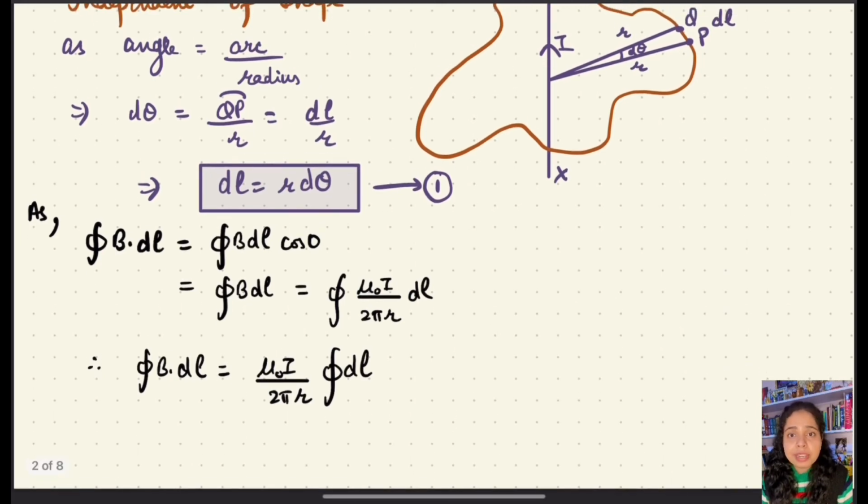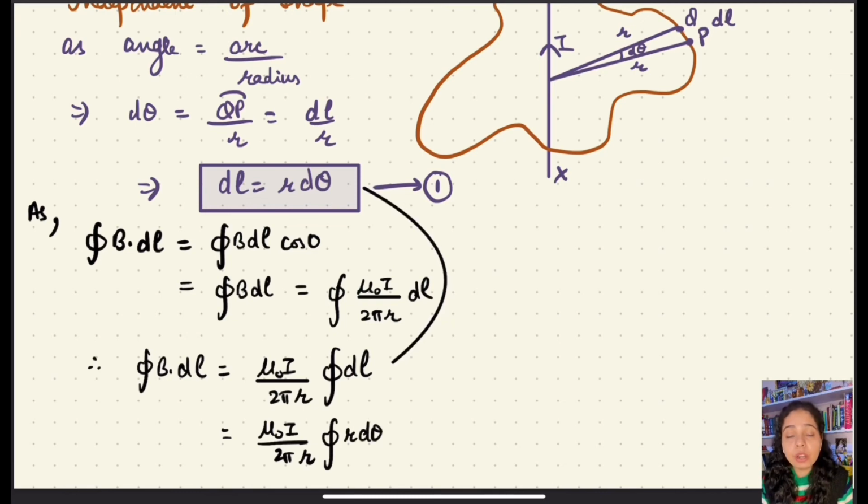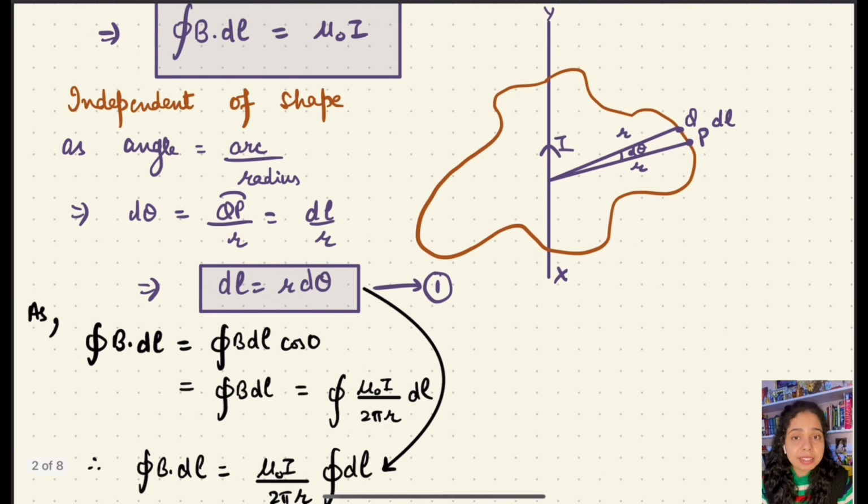We do not know the length dl, but in equation number 1 we found that dl is equal to r d theta. We use that value, because if we add up all dl values, we will not reach any conclusion since the shape of this path is arbitrary.